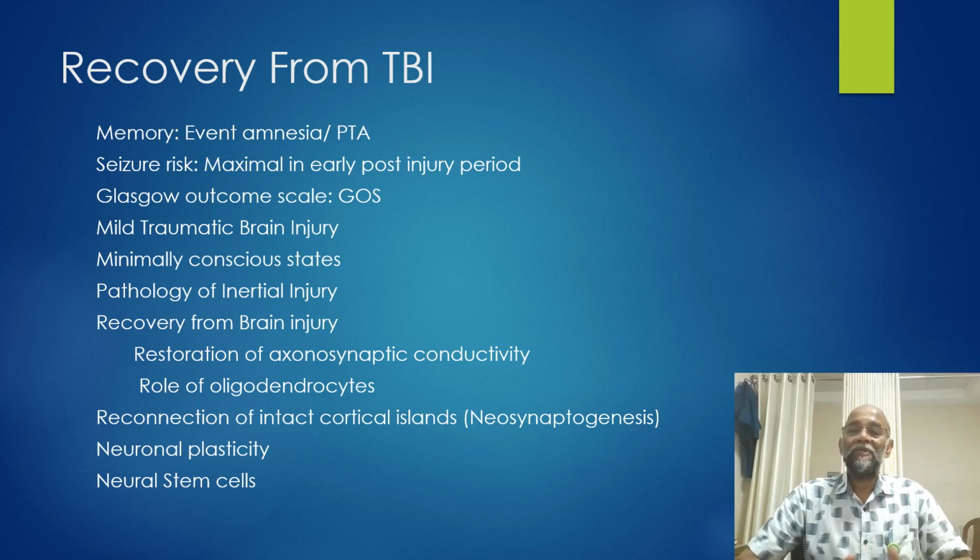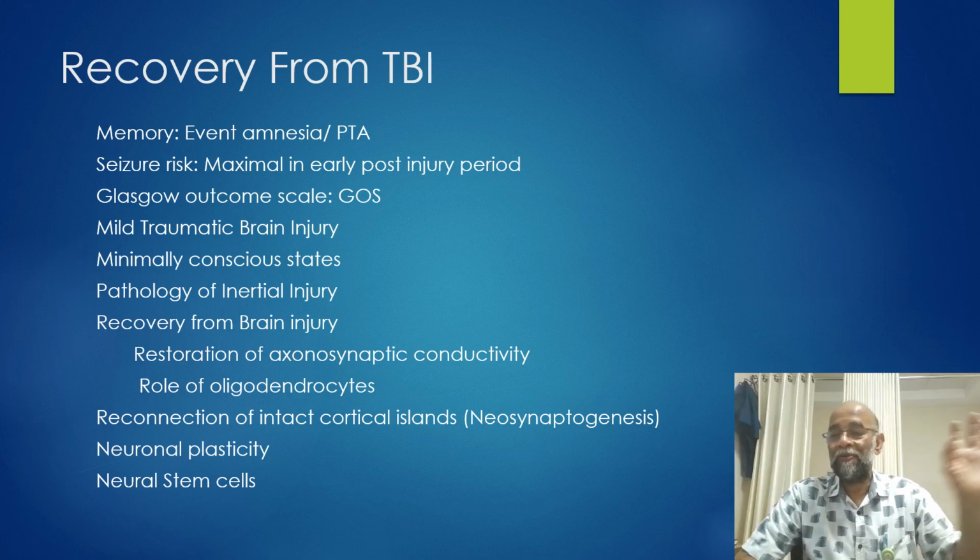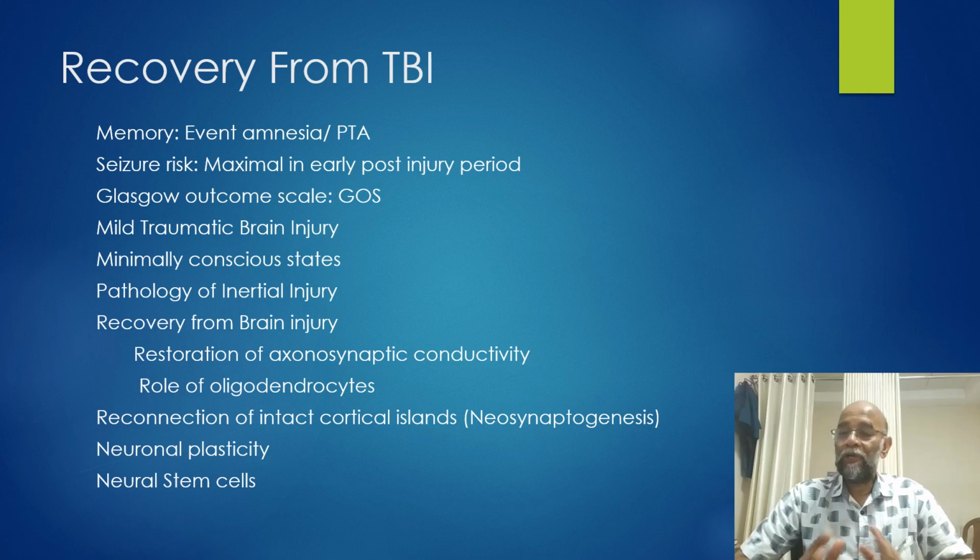There is a seizure risk which is maximal in the early postoperative period: excitotoxic surge, loss of lateral inhibition. The Glasgow Outcome Scale quantifies outcomes into death, persistent vegetative state, dependent, minimally dependent, and independent existence.